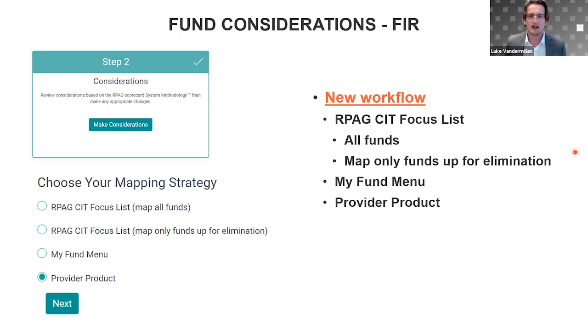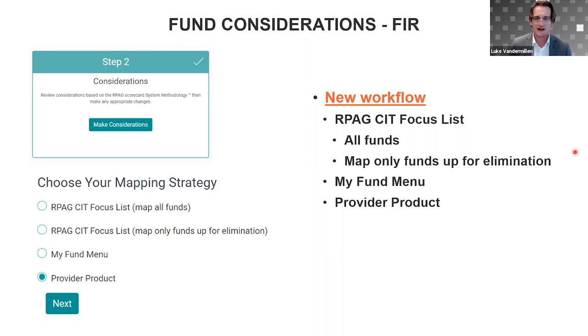So let's say you as the advisor have a focus list of, say, 50 to 100 funds that you like to use across your book of business. You can actually put those funds into a special list within RPAG. And then when you're doing an investment review for one of your clients or prospects, and you'd like to show them some potential investment options, you can have all of the investment options pull from your My Fund menu.